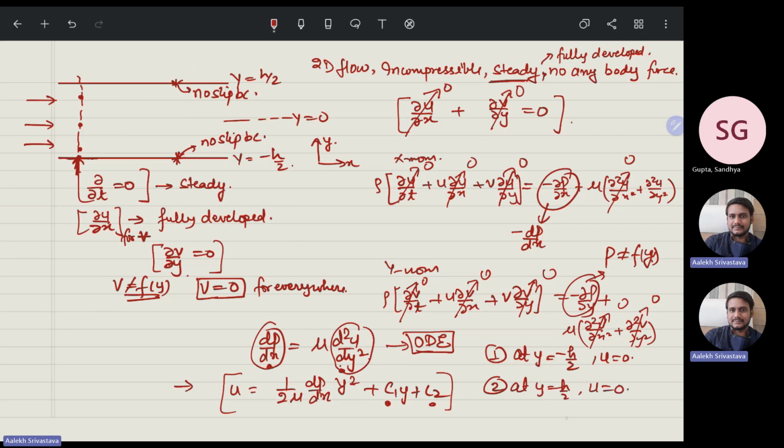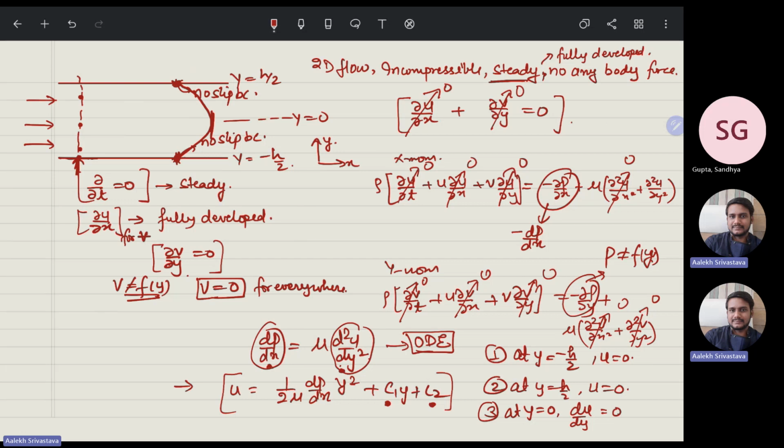Another boundary condition that is possible because it is symmetric: at y is equal to 0, du by dy is equal to 0. Because it's symmetric, if there is velocity 0 here and velocity 0 here, it will go like this, and at this point your du by dy is 0, gradient of velocity is 0. So if you simply solve this, you will get the constants c1 and c2.